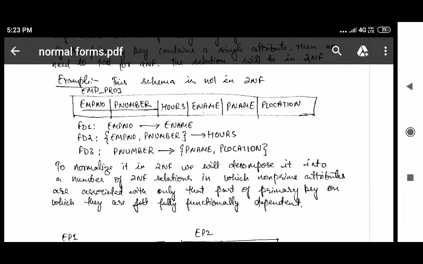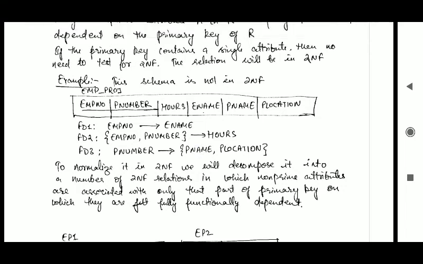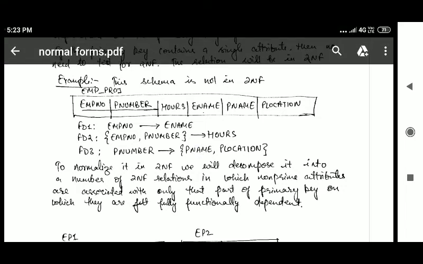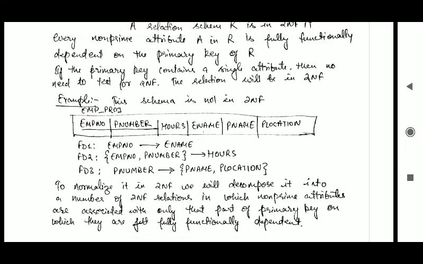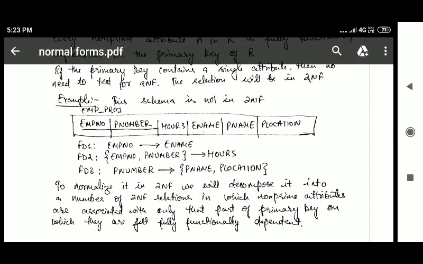So here you can see that project name and project location are not fully functionally dependent on the primary key. And employee name, this is also a non-prime attribute and it is also not fully functionally dependent on the primary key. So project name, project location and employee name, these non-prime attributes, are not fully functionally dependent on the primary key.